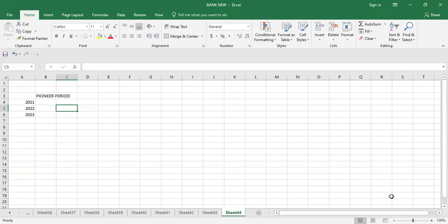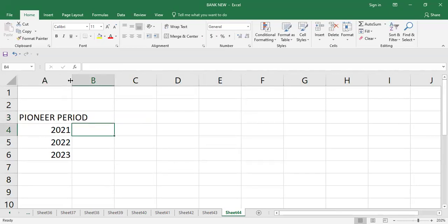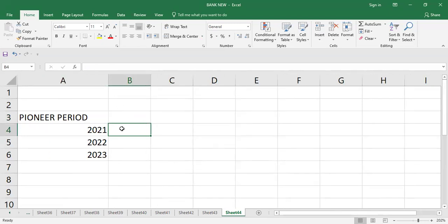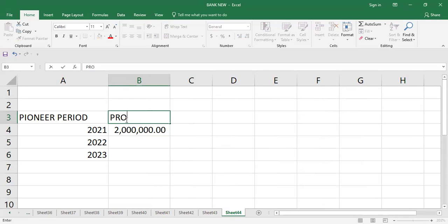We want to assume this is the pioneer period. For the pioneer period, the profits made by the company during the pioneer period: first, they make a profit of 2 million naira.